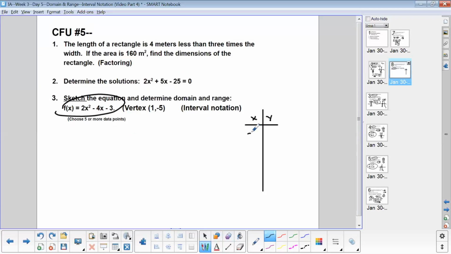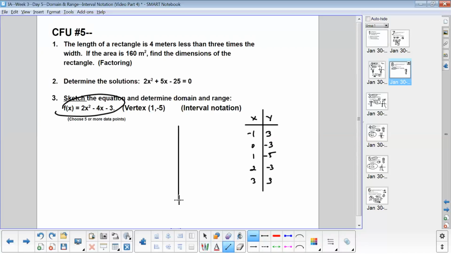And I'm going to choose points -1, 3, 0, -3, 1, -5, 2, -3, and 3, 3. These are just data points that would fit in a small window when given a graph.